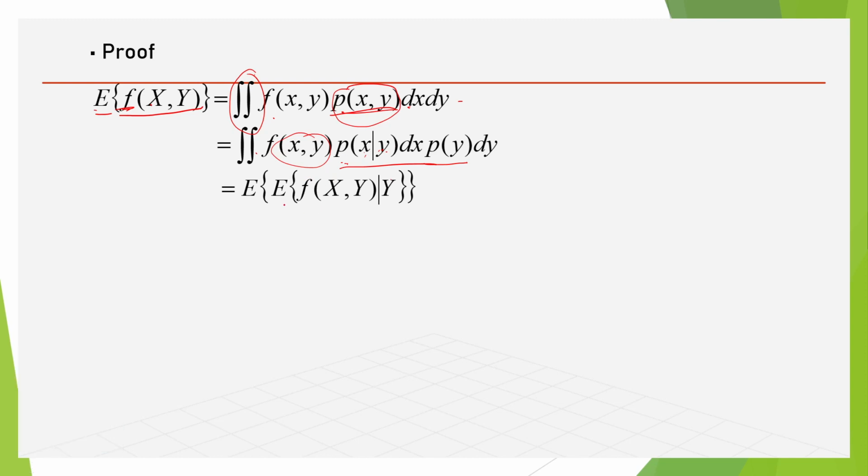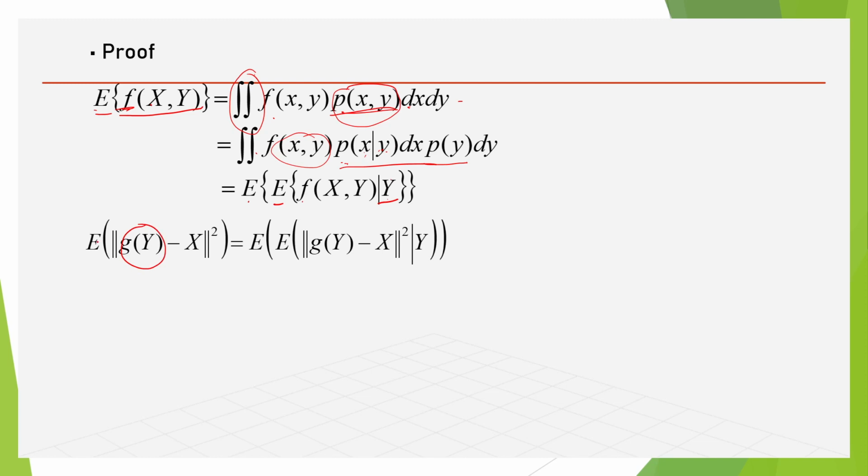So finally, it's just the expectation twice for this function. The inside expectation is where y is given, and the outside expectation operates on y itself. Then we check the expectation of a function g of y, which is the estimation rule with respect to the noisy variable h.